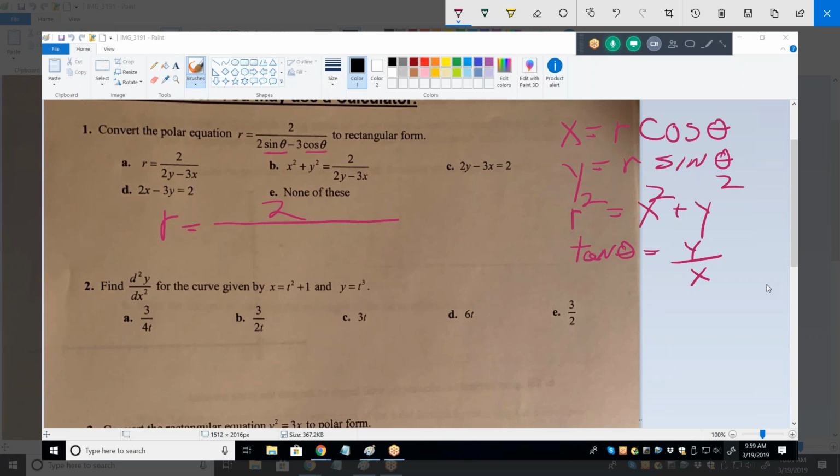Solve this equation over here for sine of theta. So I've got 2 times y over r minus 3 times x over r.